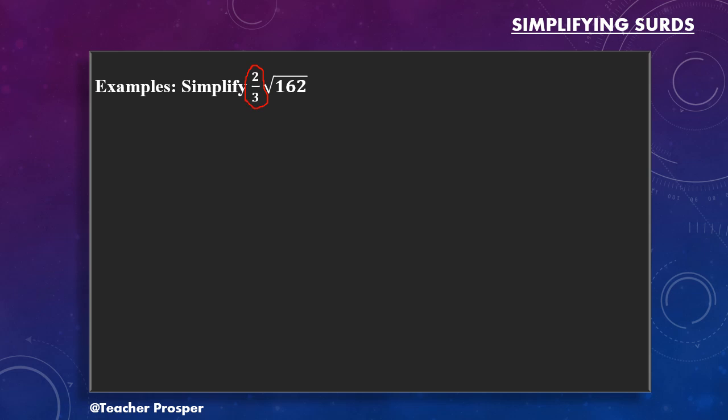So we want to simplify 2 over 3 times the square root of 162. So let's consider our solution. Now, first of all, we'll keep the coefficient and then try to simplify the square root of 162.